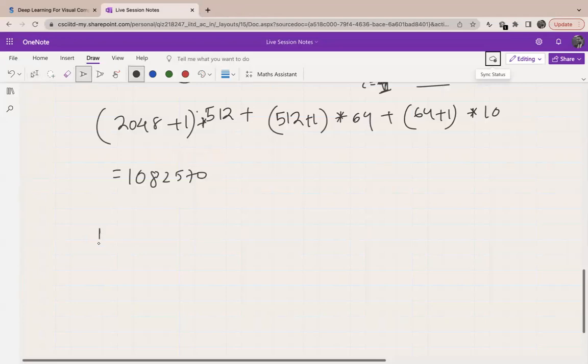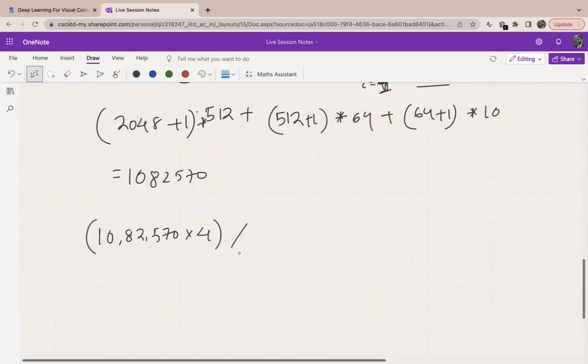So the total number of parameters is 1082570 into 4.